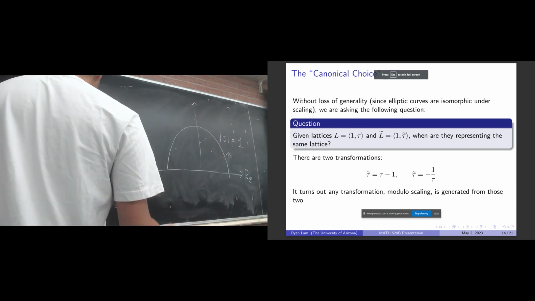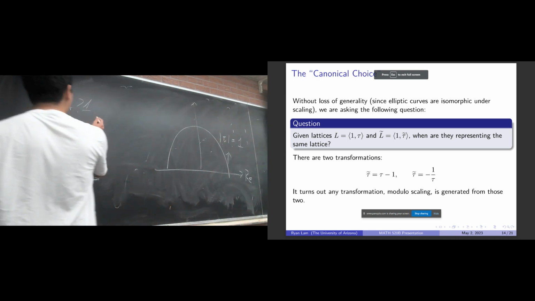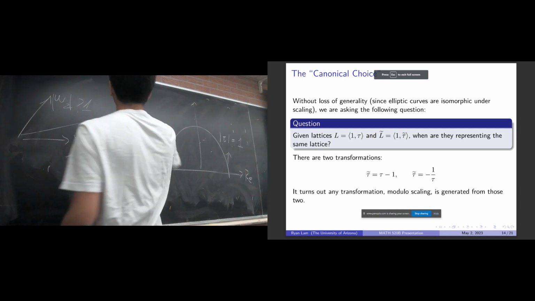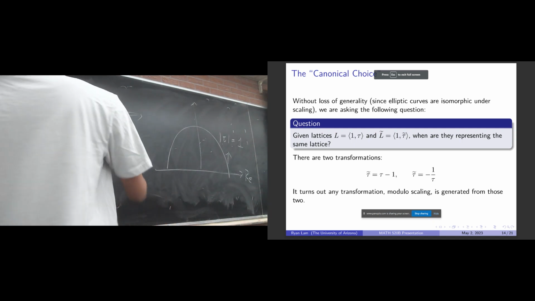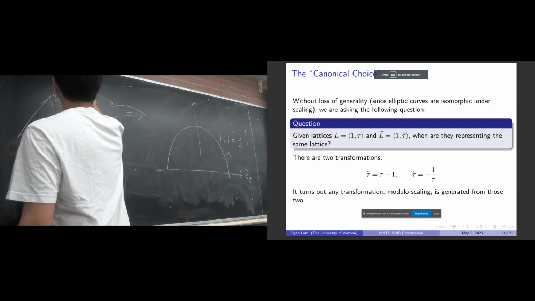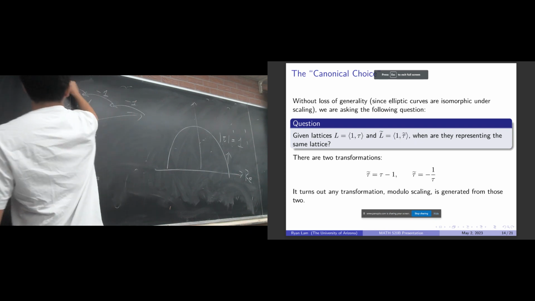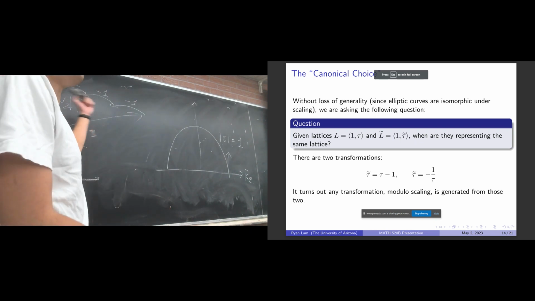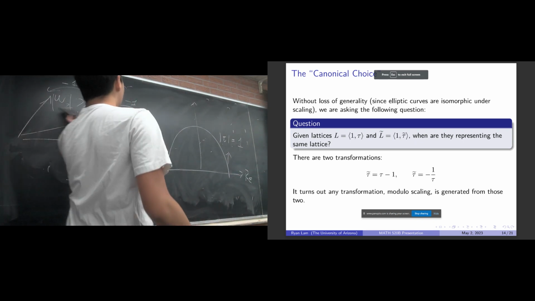Next, here's a very nice idea. If I have another vector that represents this lattice, so let's just say they represent the same lattice, I can always bring it down by a vector of 1, because 1 is in here, and I can always bring down 1.